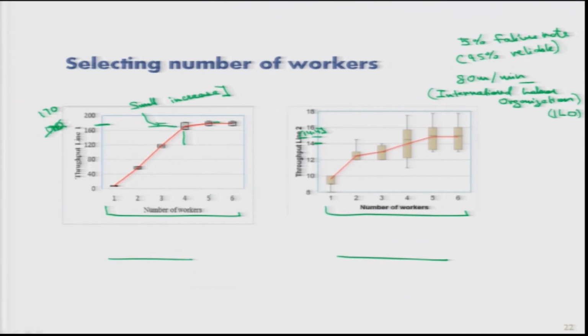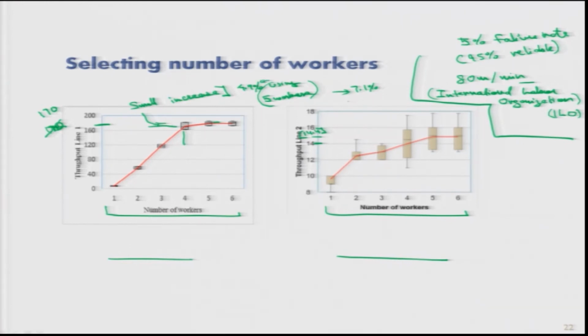However, 5 workers is also one of the alternatives, but this only results in a small increase, 4.7% increase in productivity by using 5 workers, and in line 2 it was 7.1% using 5 workers.